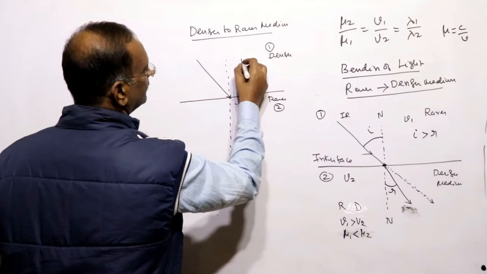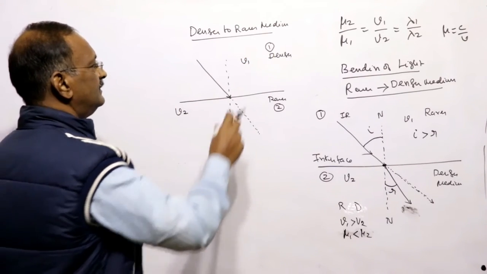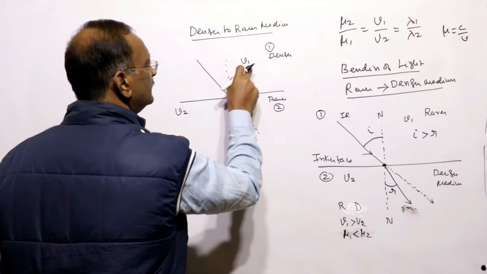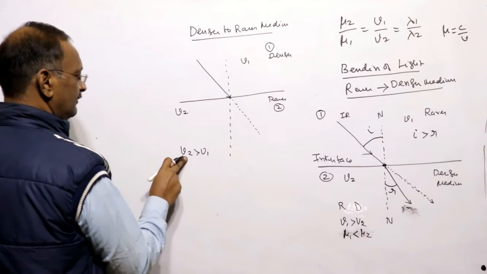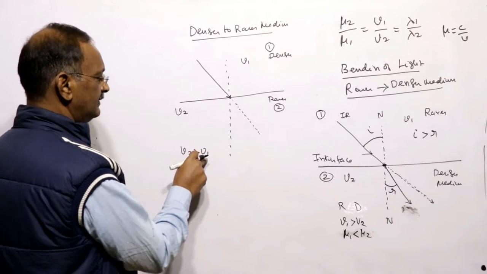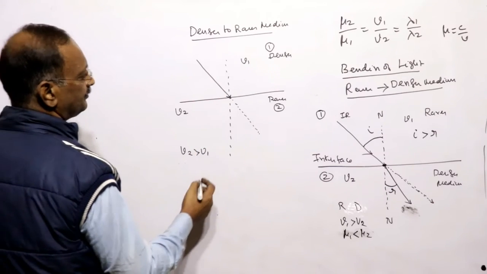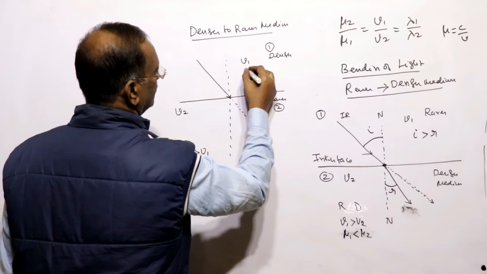This is the velocity of the first medium, this is the velocity of the second medium. Since the first is the denser medium, the velocity will be less. It means V2 is greater than V1. The velocity in the rarer medium, that is the second medium, is greater than the velocity in the denser medium. And what about the refractive index?